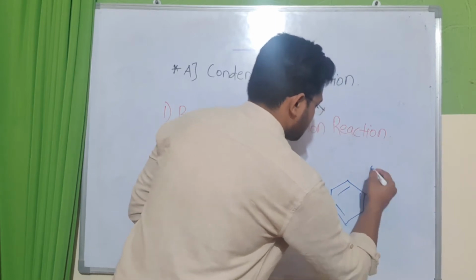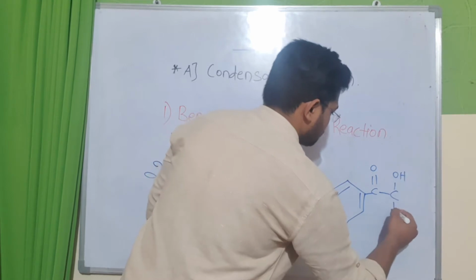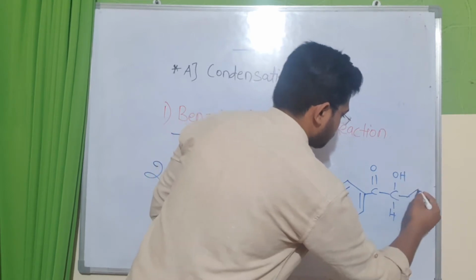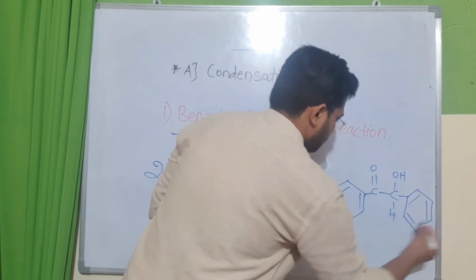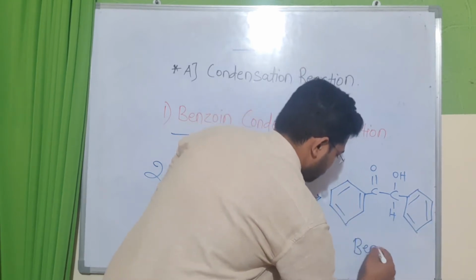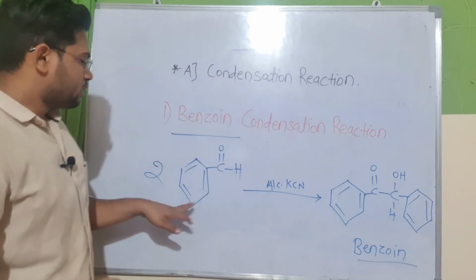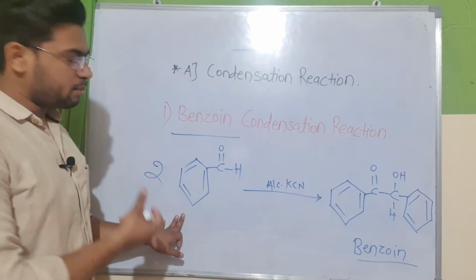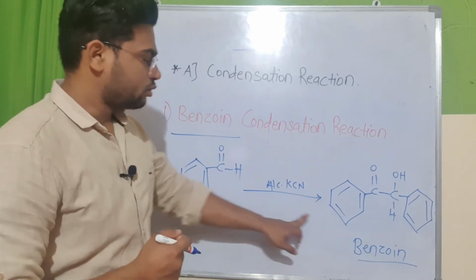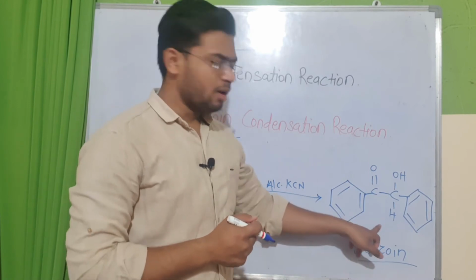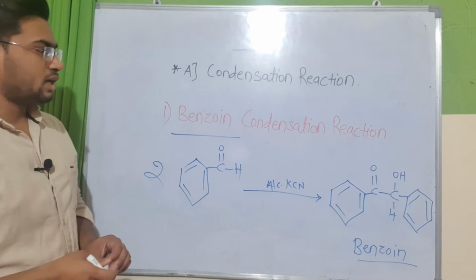It is C double bond O, this carbon having OH, and H. And this structure is known as benzoin. So this is the reaction. Two benzaldehyde molecules couple with each other in the presence of alcoholic KCN as a catalyst to form benzoin.